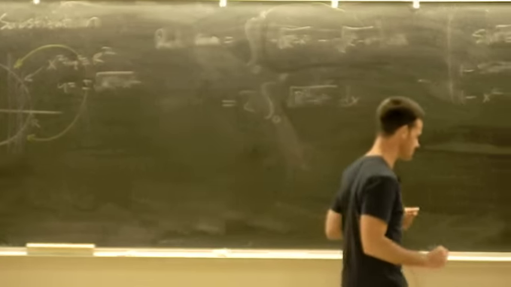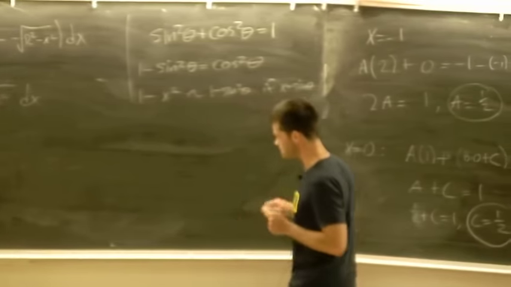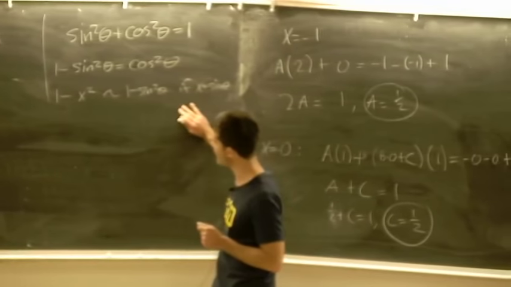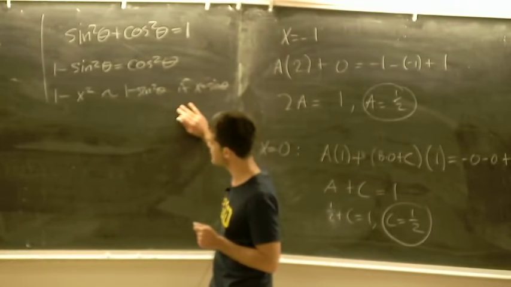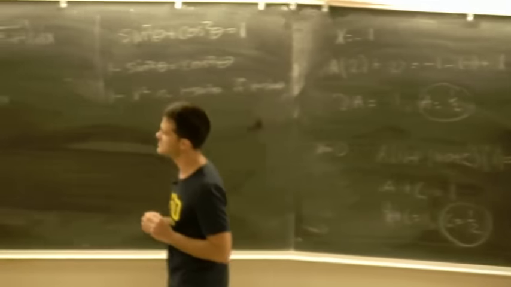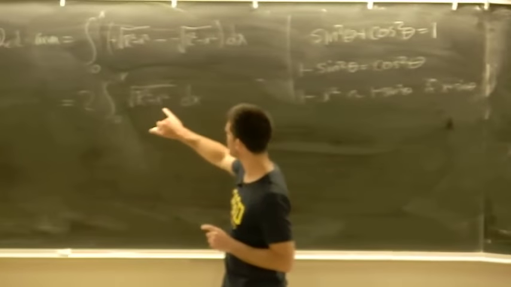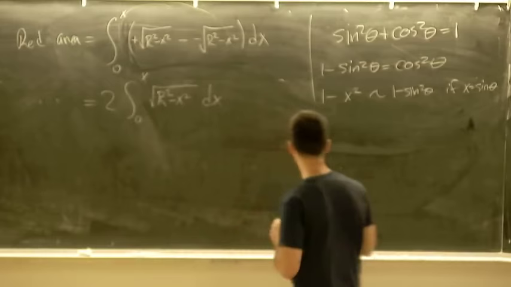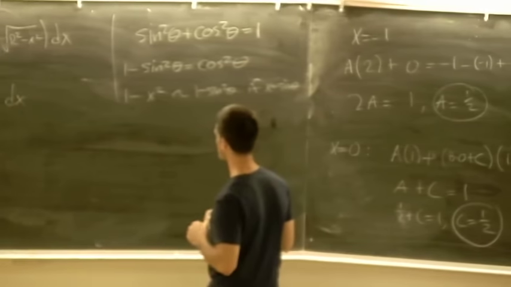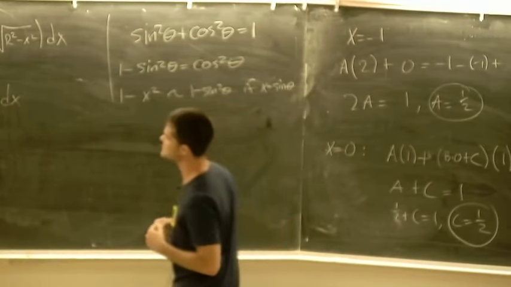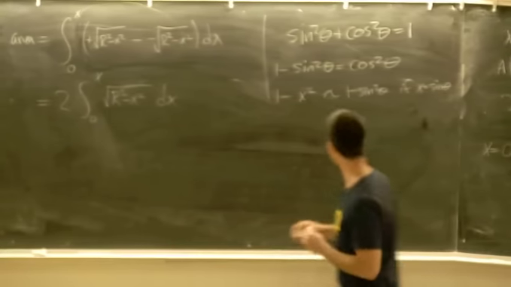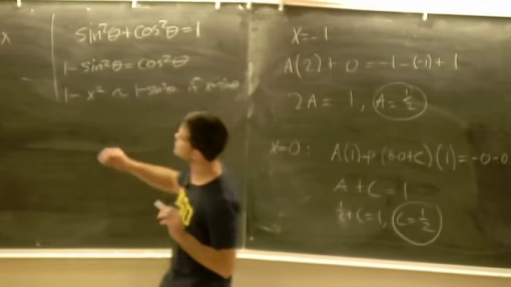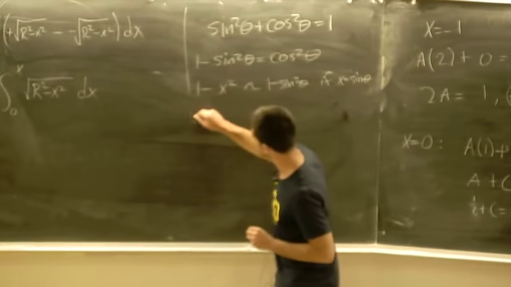Okay. So, let's see. Let me finish doing this one now. Here's the substitution that I'm going to make. So, okay, here's what I want you to keep in mind.